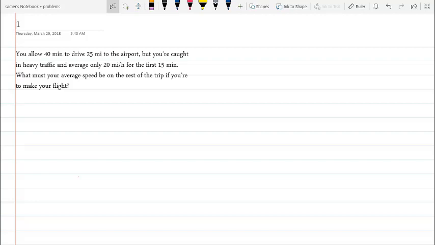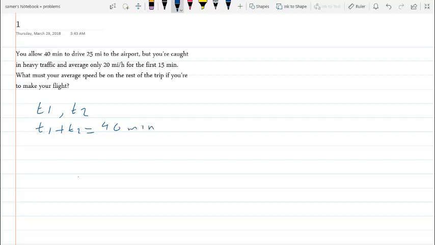So we have here two time intervals, t1 and t2, and t1 plus t2 is equal to 40 minutes.